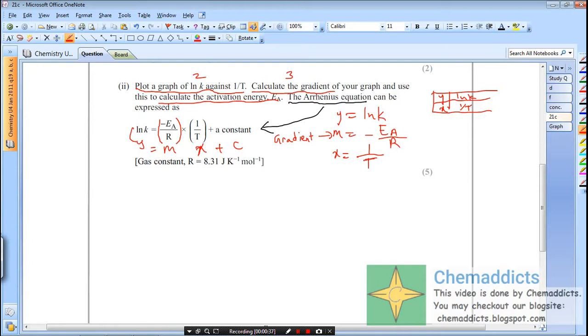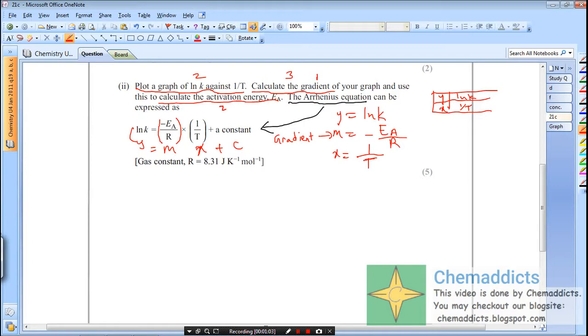Here we're going to do two things. First, calculate the gradient of the graph. Secondly, calculate the activation energy.